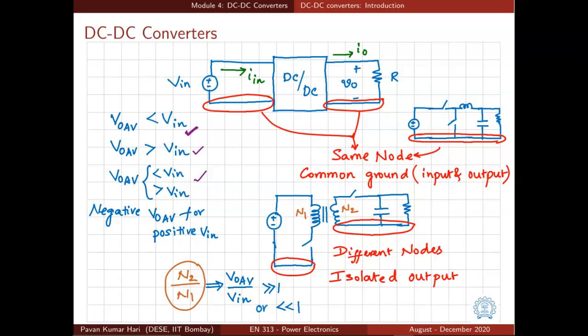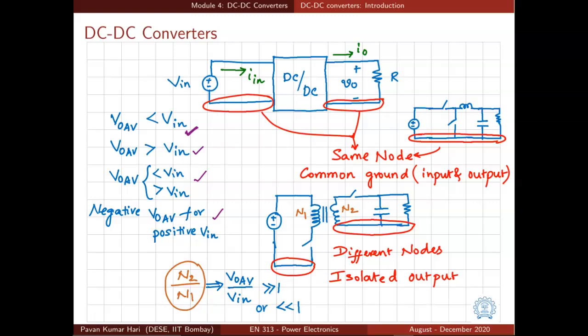And there are also DC to DC converters which can give a negative voltage at output for a positive input voltage. All these kinds of DC-DC converters are possible. And also, the output and input can have a common ground. That means you have one node which is common to the input as well as output.